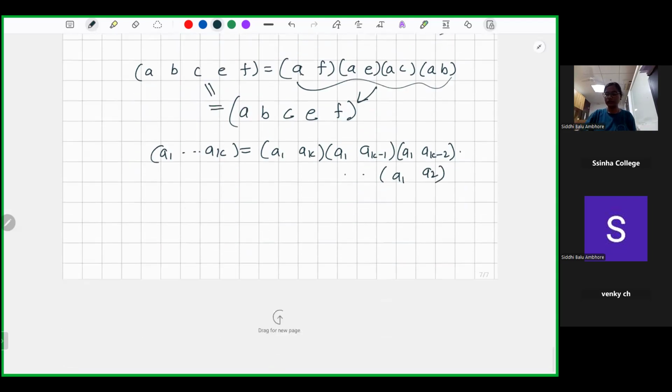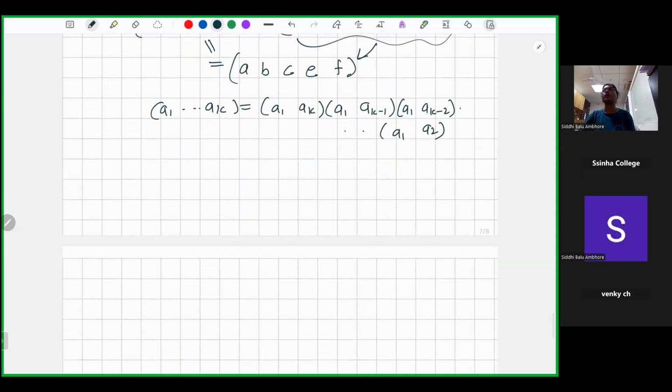Further, in the lecture we also saw that the set of all transpositions is too huge, and we can reduce it. Instead of considering the whole set of transpositions, we saw simple transpositions, which said that we can generate Sn using simple transpositions. Simple transpositions are transpositions of the type (i, i plus 1).